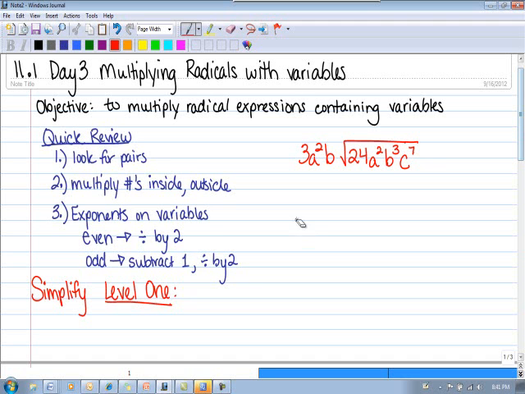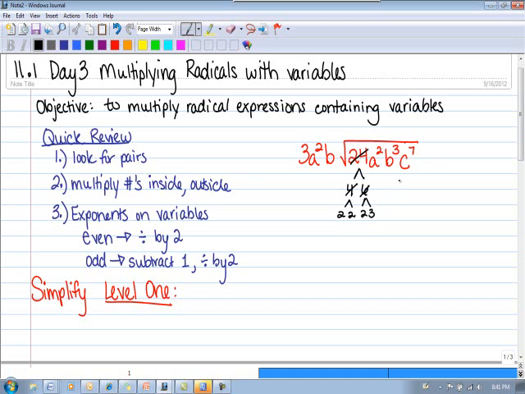So, for a quick example review problem, we've got 3a squared b times the square root of 24a squared b cubed c to the 7th. First let's start by breaking down 24. 24 goes into 4 and 6. 4 goes into 2 and 2. And 6 goes into 2 and 3.